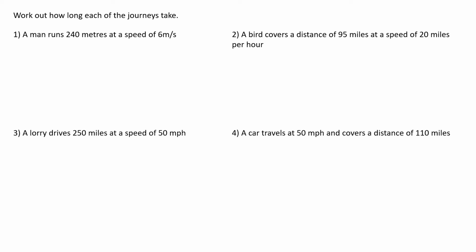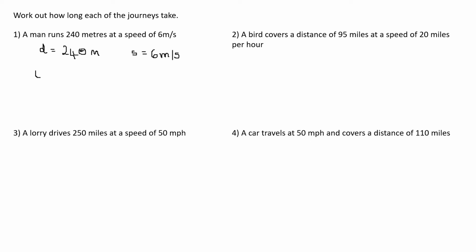So our first question, a man runs 240 metres at a speed of 6 metres per second. So his distance will be 240 metres and speed will be 6 metres per second. Just check that if your distance is in metres, that your speed is in metres per second, metres per minute, that you've got metres included in your speed.